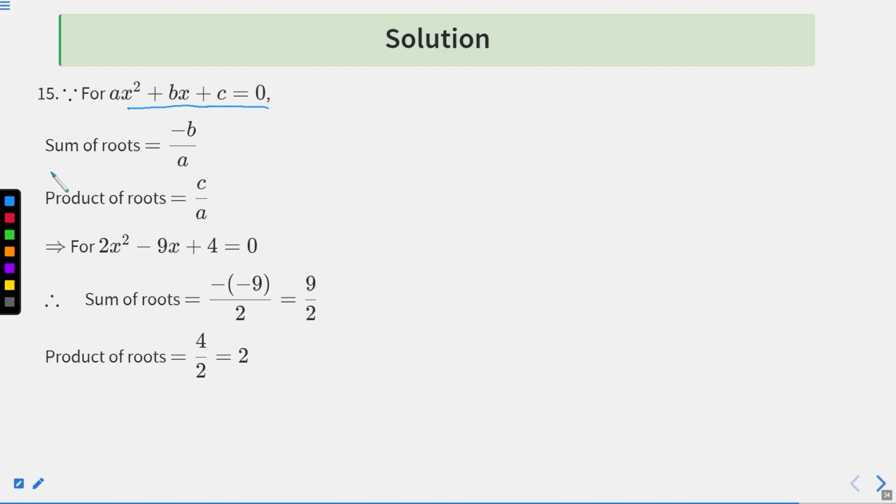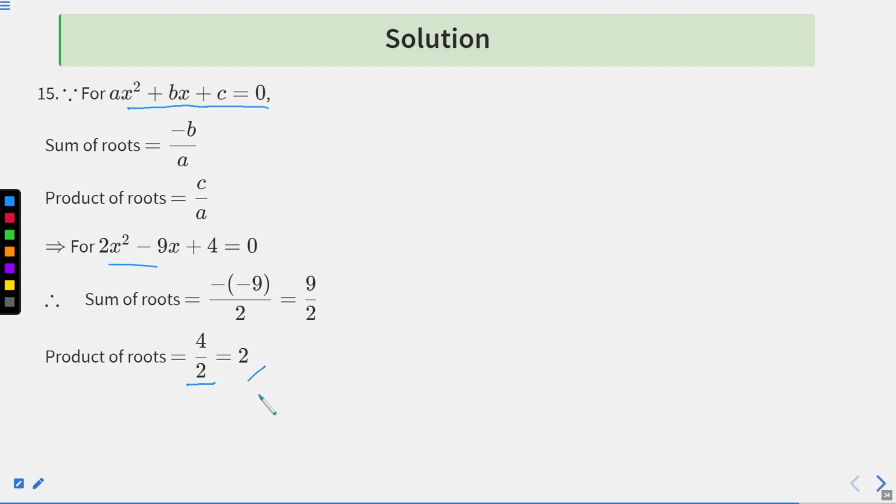Therefore, for the quadratic equation 2x square minus 9x plus 4 is equal to 0, the sum of roots is equal to minus of minus 9 divided by 2, which is equal to 9 by 2. The product of roots is equal to 4 by 2, which is equal to 2. So the sum of roots of this quadratic equation is 9 by 2 and the product of roots is 2.